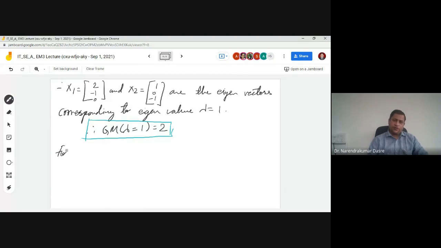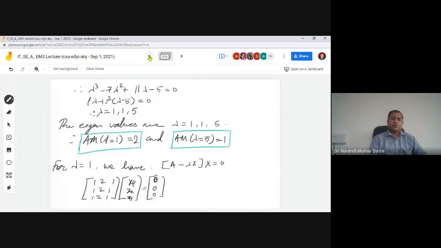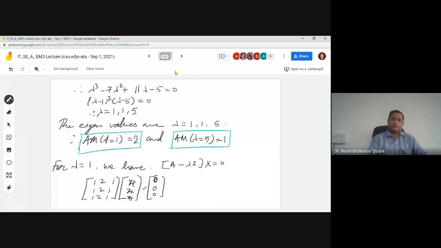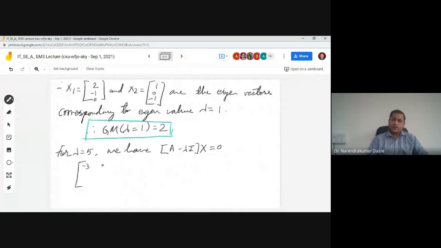Now we have to think for lambda is equal to 5. Again, same steps we have to follow. So we have A minus lambda I into x is equal to 0. So here we have 2 minus 5, minus 3, and you can have this 2, 1. Okay, so we'll be having here these entries will not change, so it will be 2, 1.